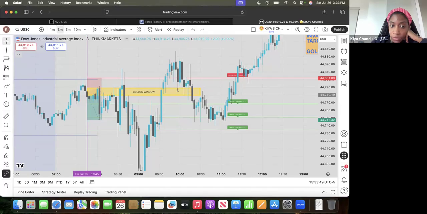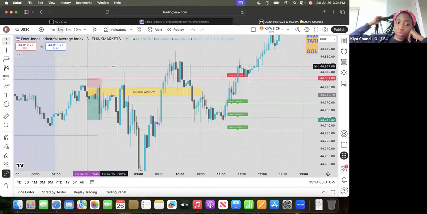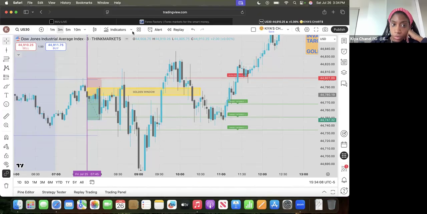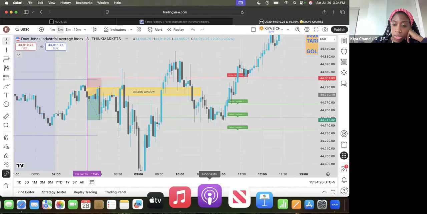How does that make it risk-free? When you move your stop loss to break even, you're not losing any money in your account. That's how it's risk-free. If you're in profit and you move your stop loss to break even, it doesn't even have a chance to hit your stop loss. Does that make sense?